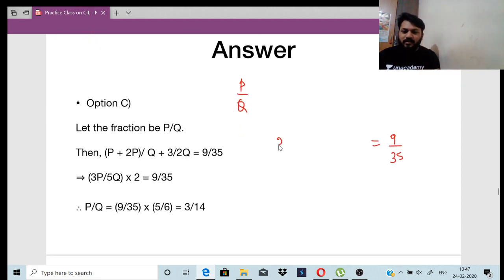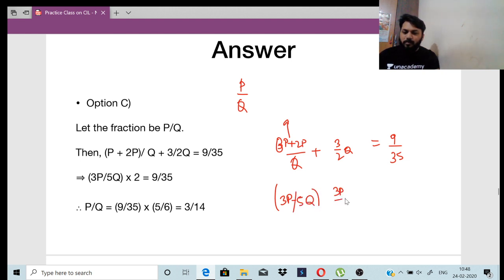So it is p plus 2p, that is 3p, divided by q. Next, increasing the denominator by 150%, that will be 3 by 2q. So it is 3p by 2q equals 9 by 35.